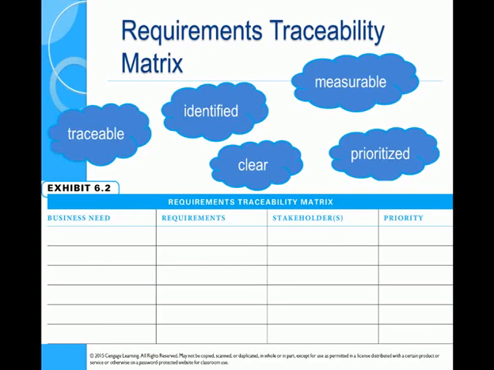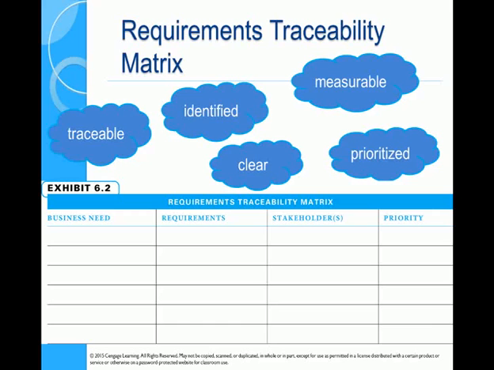Here's the matrix. We're trying to get something that's traceable so we can go back and say, have we delivered on this business need? So in consultation with your stakeholders, you decide what are the business needs that are required, what are the attributes of the asset that will deliver those, which stakeholder or stakeholders does it affect, and what priority it has.